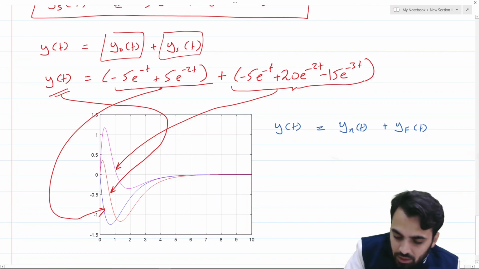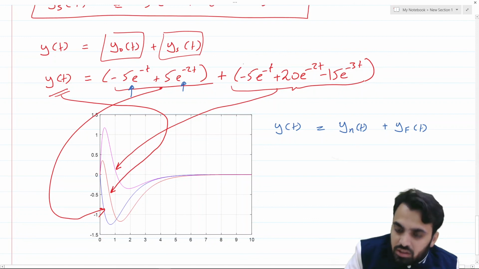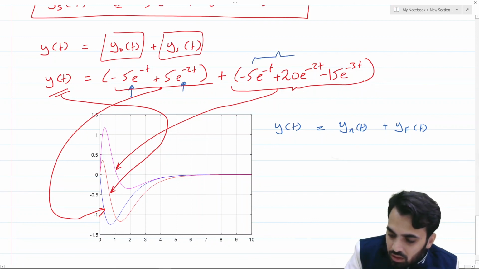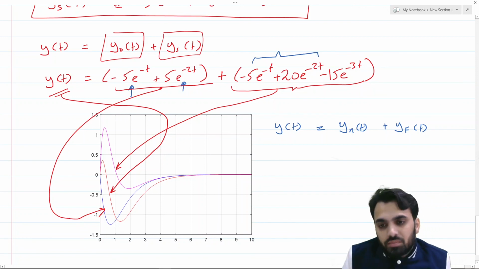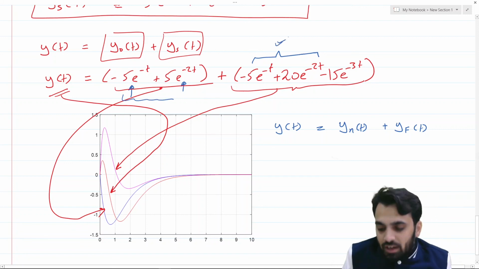Note that we have characteristic modes in terms of e^(-t) and e^(-2t). But these modes also appear in the zero state response. If we combine this and this together, that would become our natural response for a particular system.